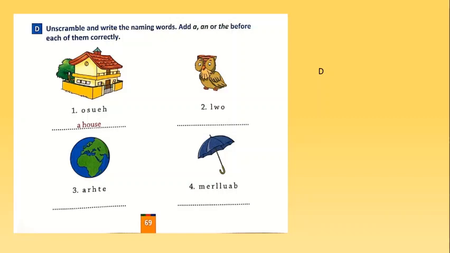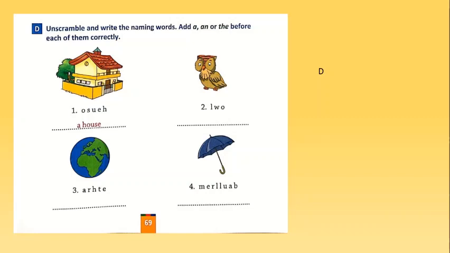Here there are 4 pictures given and there are some jumbled words. There is a jumbled word for each picture. We have to unscramble them, put it in the correct order, and we need to decide whether to use article a, an, or the before them, and then write it down in the blank below each picture.